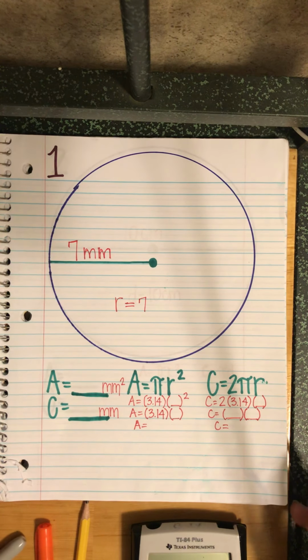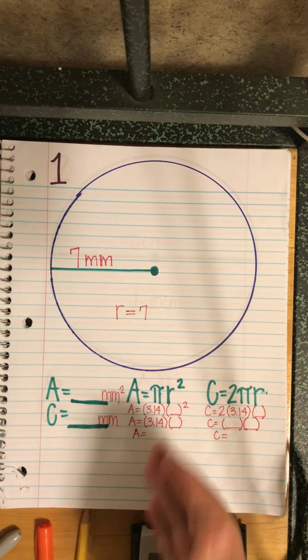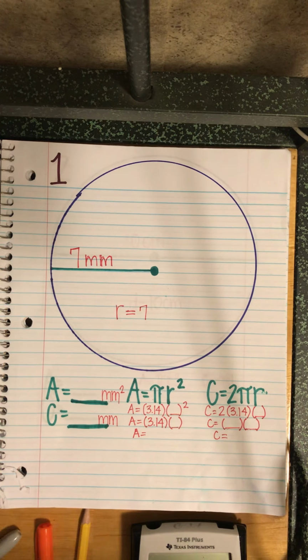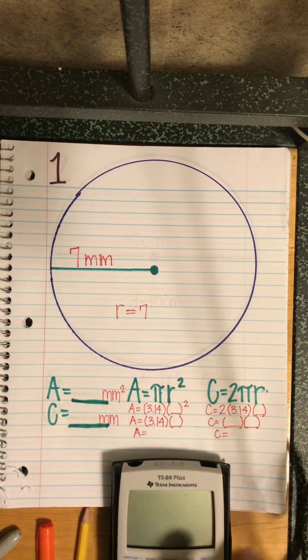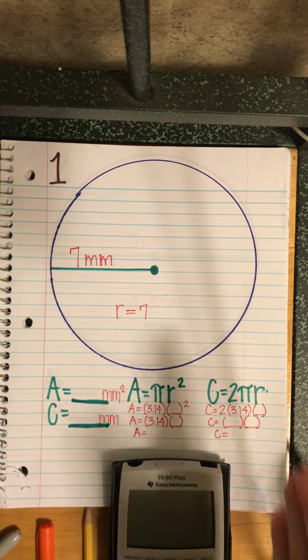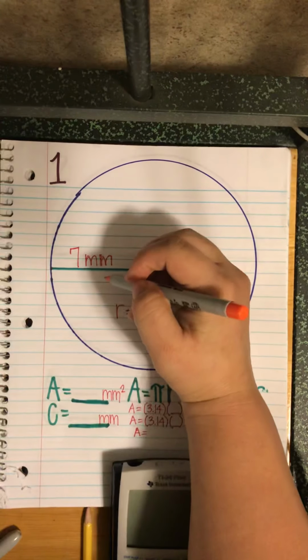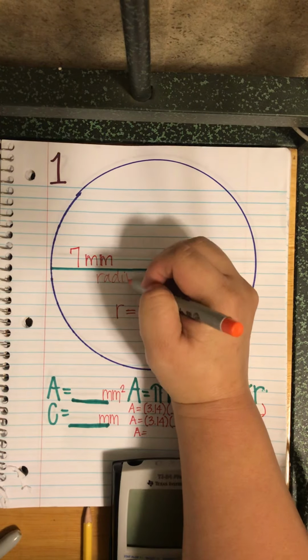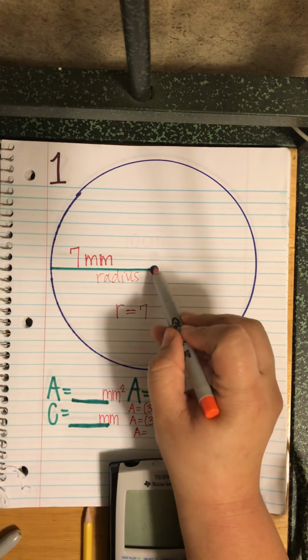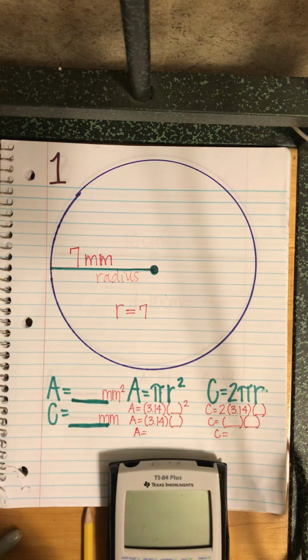Our first example is question number 1. If you follow along on your worksheet, you can complete the worksheet too. So we'll start with, what do we know here in this circle? We see that we have the radius, which is from the center of the circle out. And what do we know the radius is?